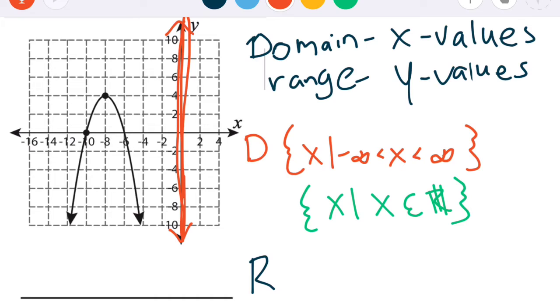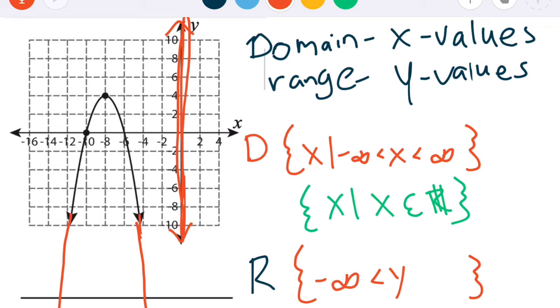Now we're not thinking side to side, we're thinking up and down, because the y-axis is the vertical axis. As you can see, these two lines are just going to continue all the way down until they reach negative infinity. So y is greater than negative infinity.